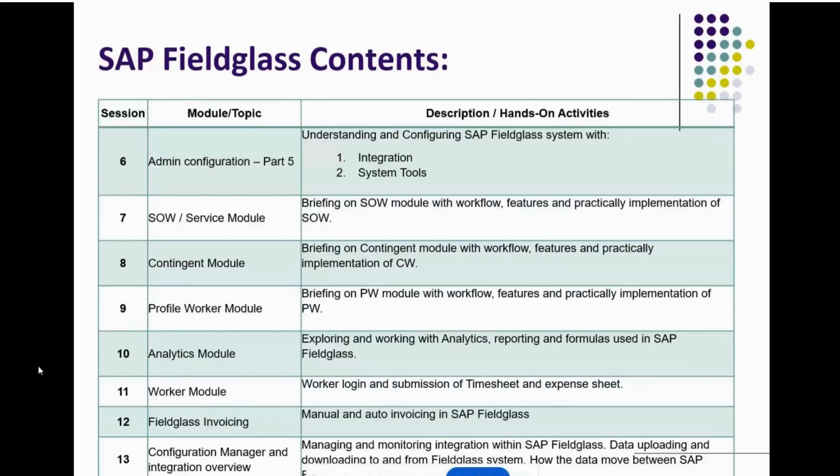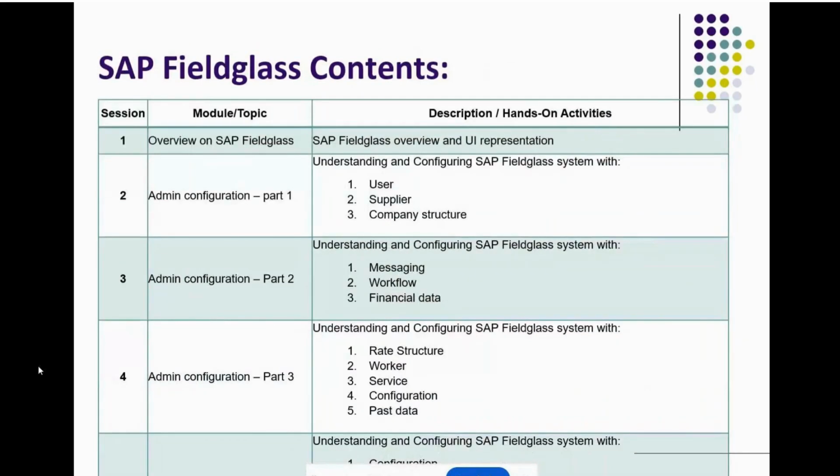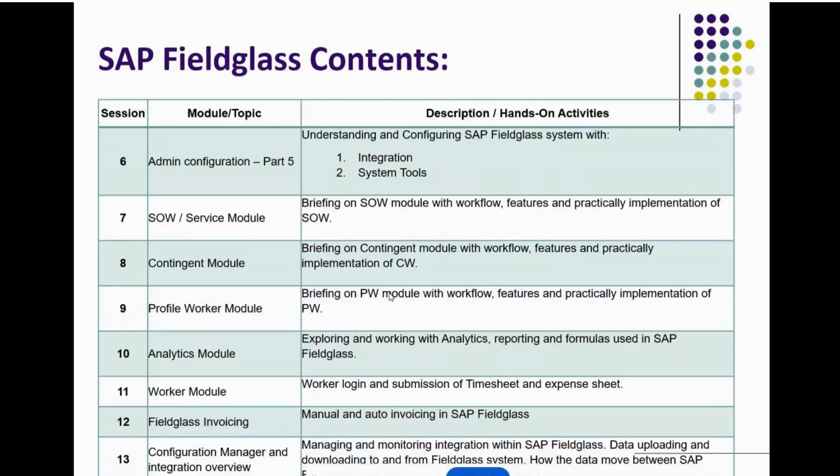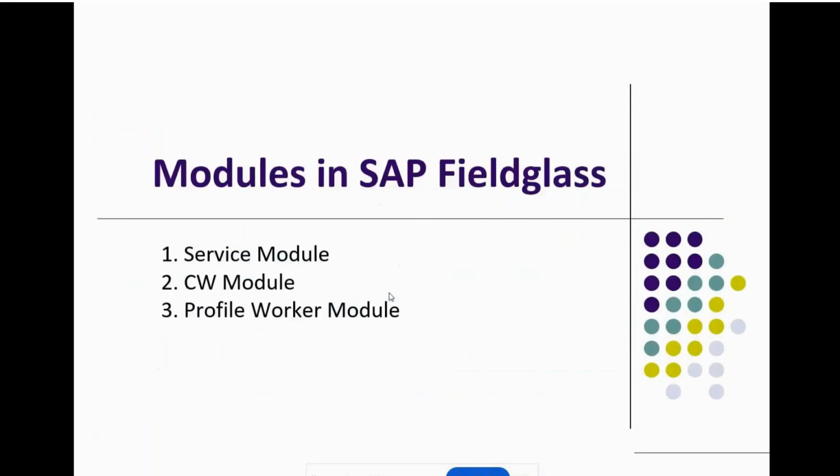I'll tell you. If you see, under admin config part two, workflow is there right here. Under this there is a tab, what we say approval group flow, and there we can set up this approval flow.